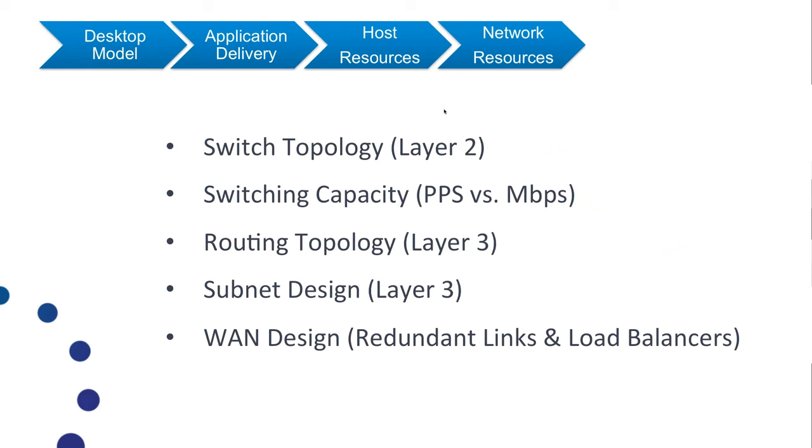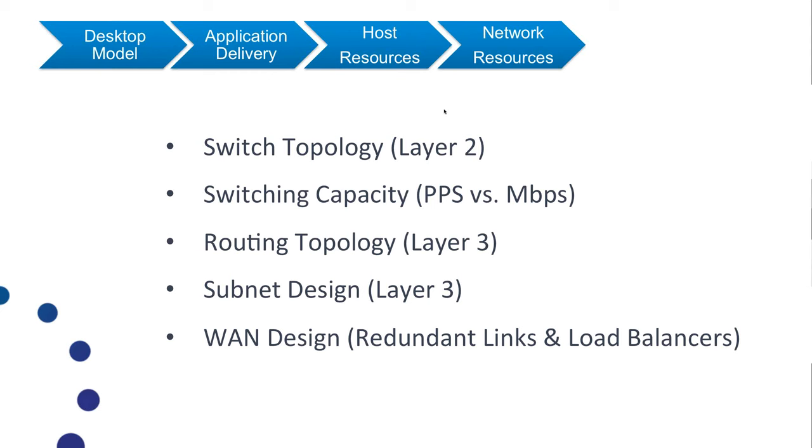Okay, on the network resources. Switch topology, layer 2. As I talked about a little bit in the last slide, switching in your network is key. Virtual desktops are real-time computing, much more so than servers. The tolerance and the ability to see its impact on the user for even the slightest amount of latency is unparalleled in pretty much any other technology that we've worked with in the data center in years, right?